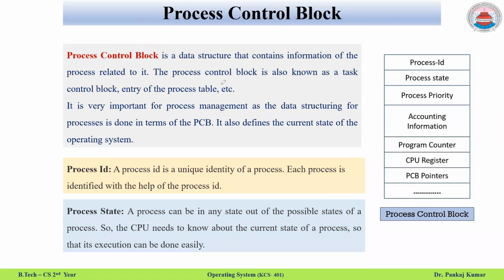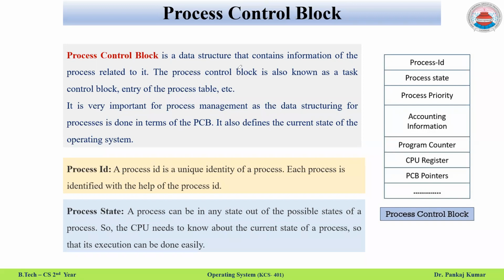It means the block which controls a process is called process control block. For controlling anything, you must have knowledge of each and everything related to that process.